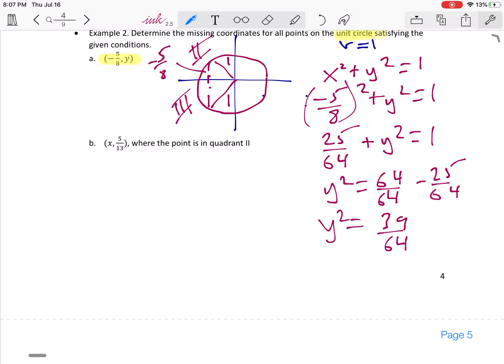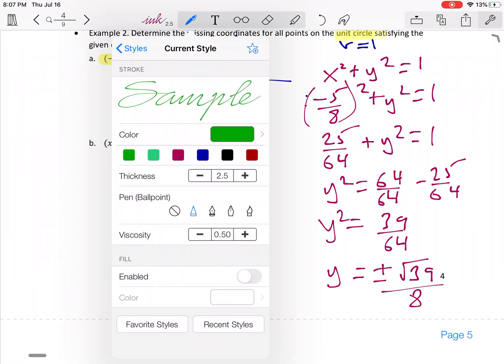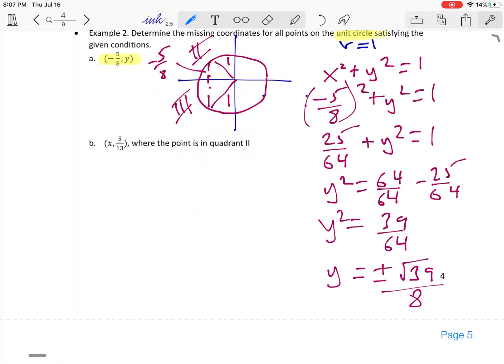Y squared is 39 over 64, and then y, we're going to take the square root, is going to be plus or minus the square root of 39 over 8. So plus or minus, two answers, because if we want to list the coordinates, we've got two coordinates here. We've got negative 5 over 8, positive root 39 over 8.